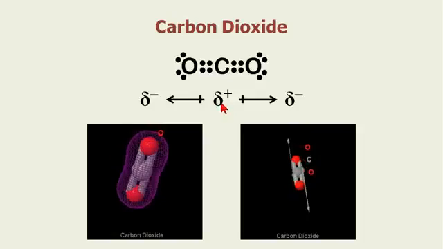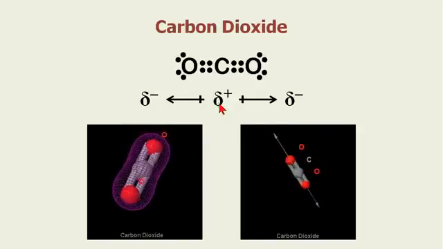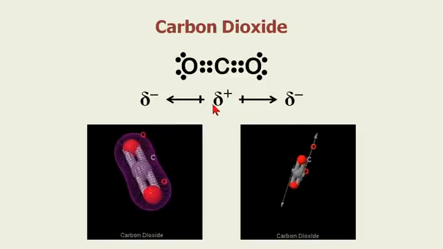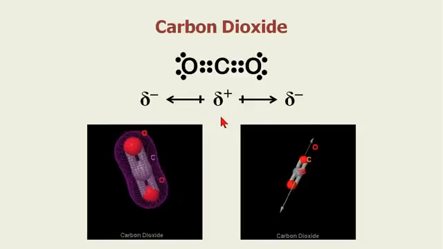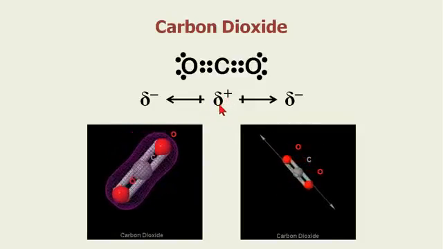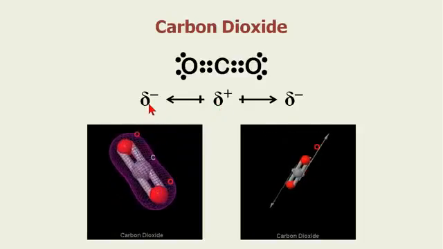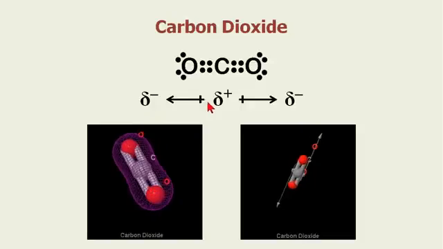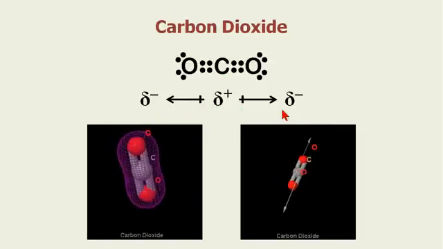And then we represent the electronegativity difference as a dipole, and that's what this arrow with the little cross is. It goes from the positive, which is a plus delta, that's just the Greek symbol delta, to a negative delta. So it goes from a positive to a negative. And on this side, it does the same thing.